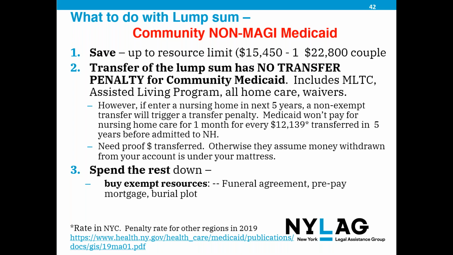Now, down at the asterisk in the footnote is the link to see the chart to see what's the penalty rate for every region in the state. Those will change in 2020. This is the New York City rate. So if someone transfers 25,000 in New York City, they know that for the first 2 months they're in a nursing home, Medicaid will not pay for their care.